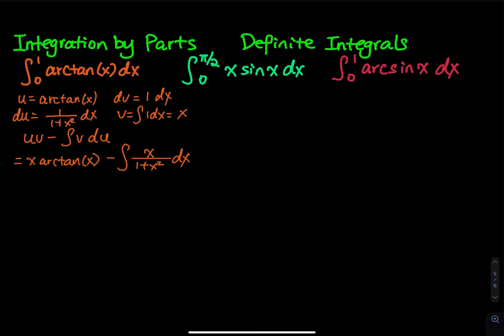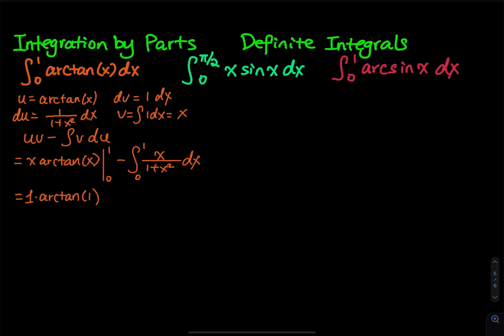For the integration by parts, you will have to add that x goes from 0 to 1, and this is also from 0 to 1. So for uv from 0 to 1, you have 1 times arctangent of 1, but when you plug in a 0, 0 times arctangent of 0, the whole thing is equal to 0.